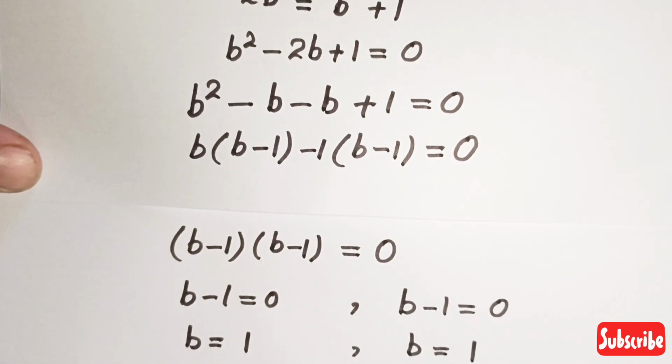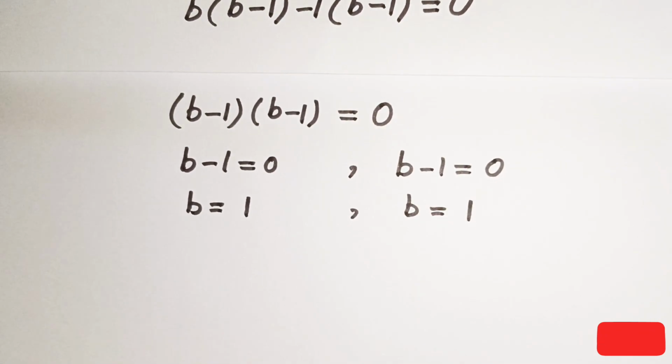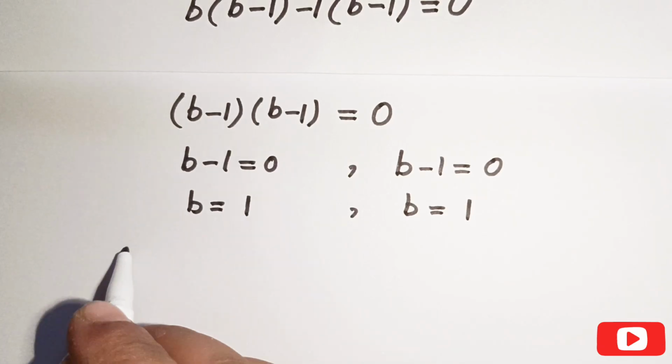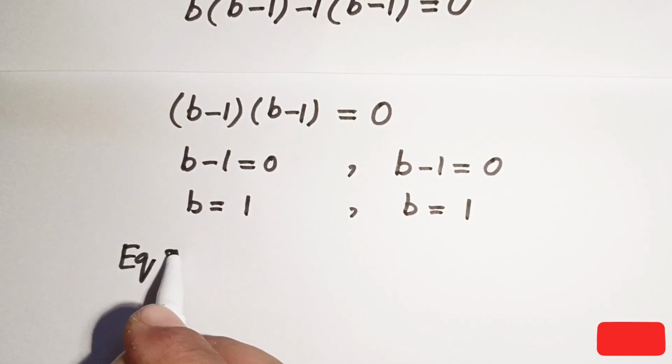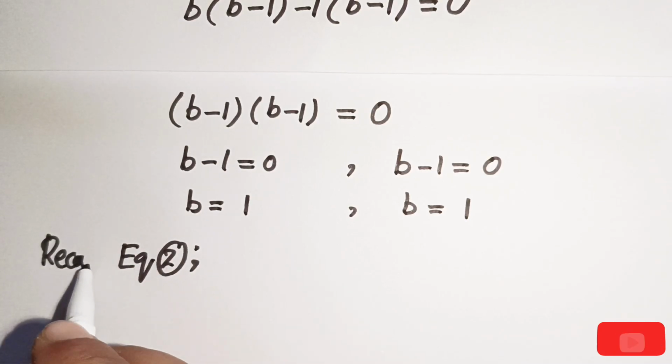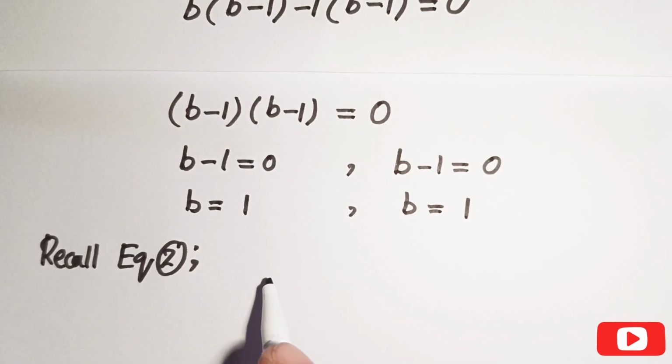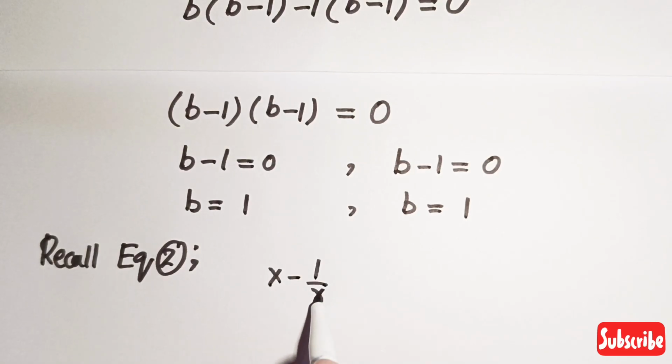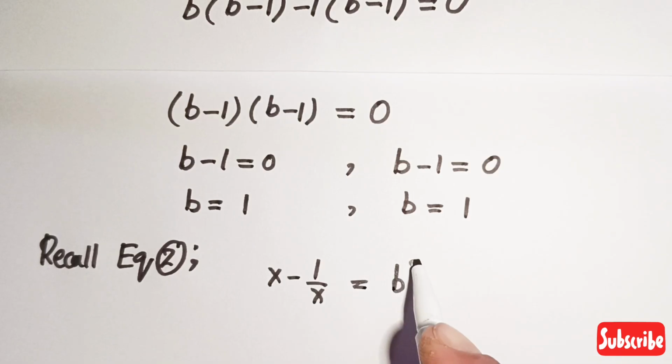Now we are going to recall our equation 2 again. Our equation 2 is given by x minus 1 over x is equal to b squared.